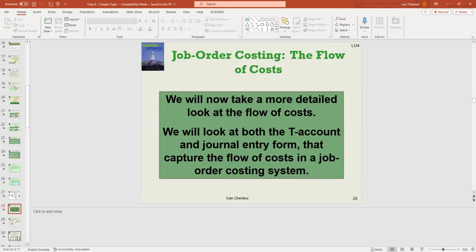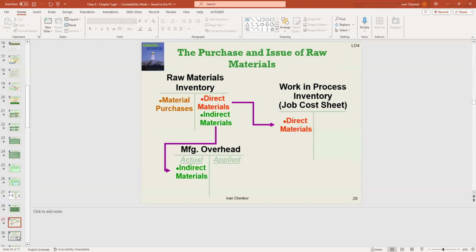Now let's do a little bit more detail on the flow of the cost using those T accounts, the one that I showed you in the beginning on the Excel spreadsheet. First things first, direct material. In order to get the material, first we have to purchase that material.